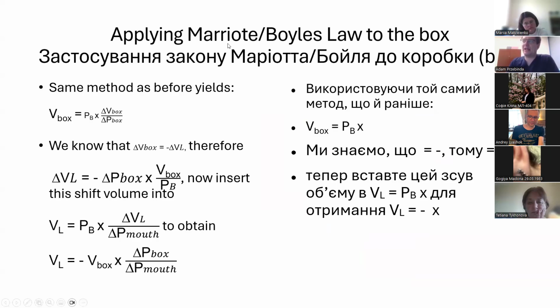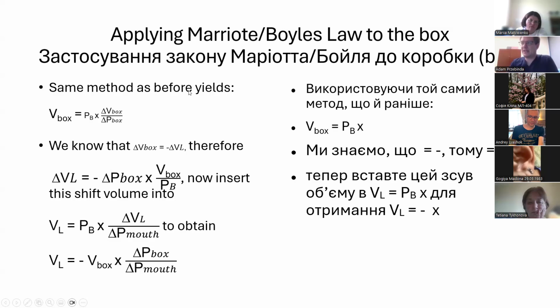And now we apply the same Boyle's law to the box. And I apologize, I don't think that the equations went through somehow in the PowerPoint, so I added them back at least on the English side here. So I think this probably looks a little bit abnormal on your end, but we'll try and get through it.